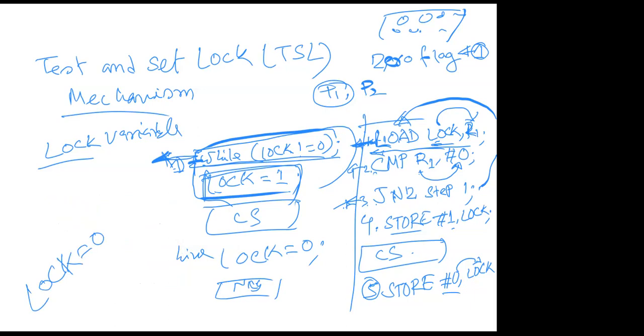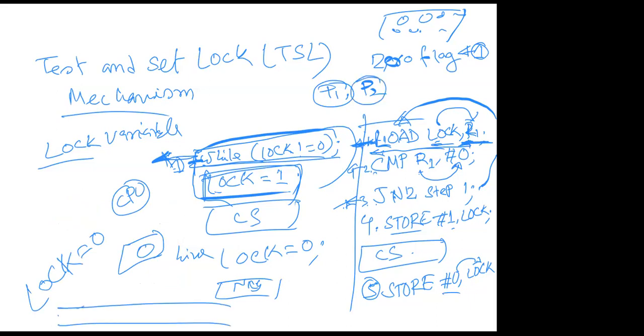Let's say at this line process P1 gets preempted, and P2 runs. So P1 just executes the first line of code and then gets preempted.